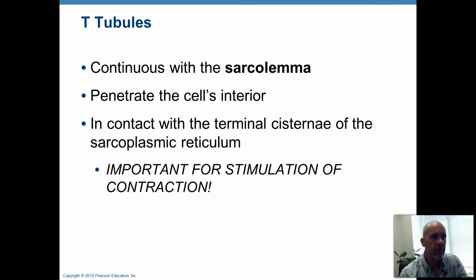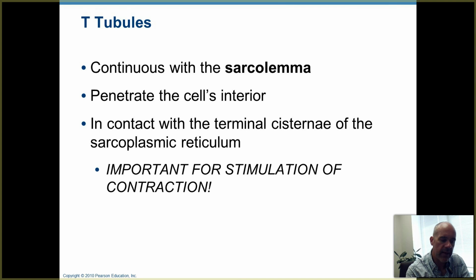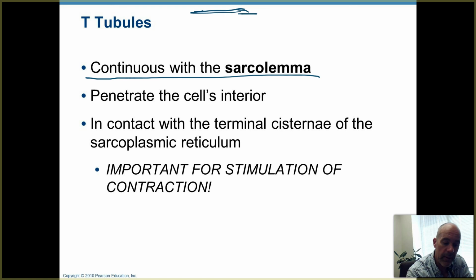All right, and then the T tubules again. We saw what those looked like on the skeletal muscle fiber diagram, but notice here they're continuous with the sarcolemma, the cell membrane, the plasma membrane of a muscle fiber.